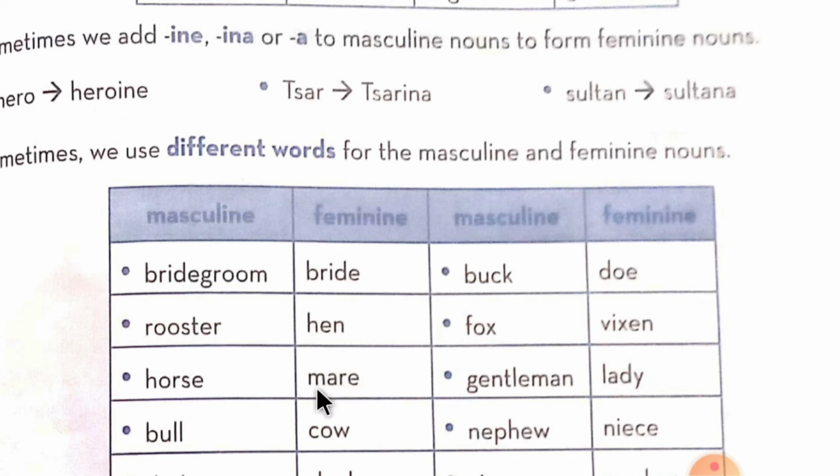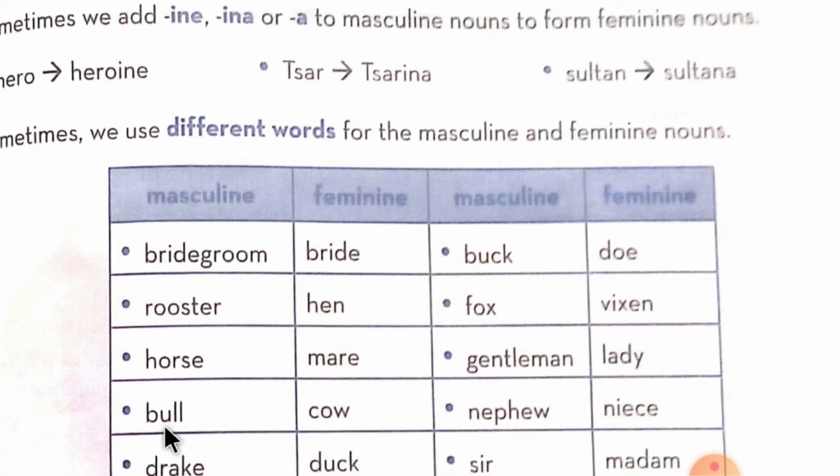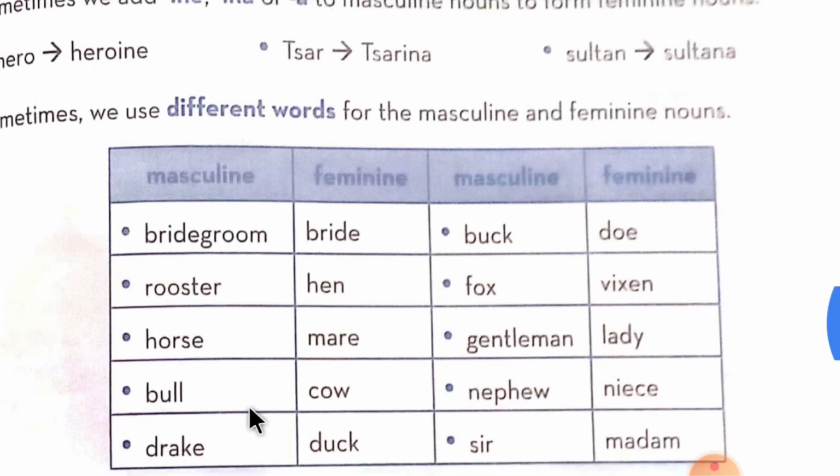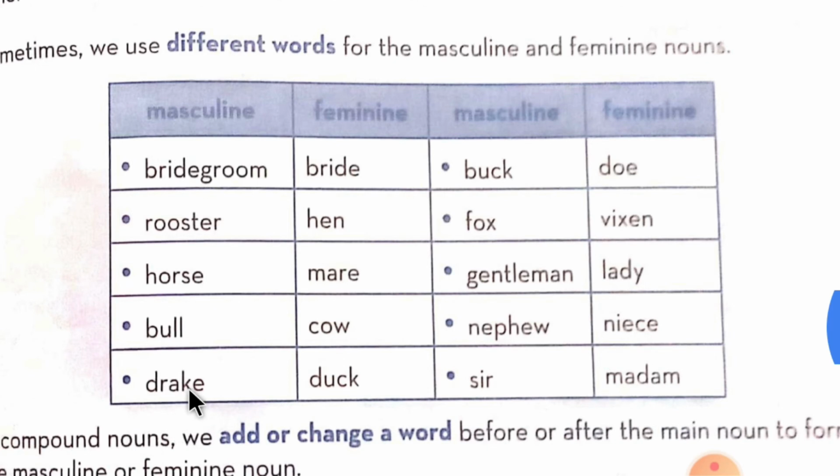And what is feminine gender? Mare, MARE. Then bull, and what is feminine gender cow. Same way drake, DRAKE, that is masculine gender. But what is feminine gender? Duck. Then what is masculine gender? Buck. What is feminine gender? Doe. Same way fox, vixen. Gentleman.